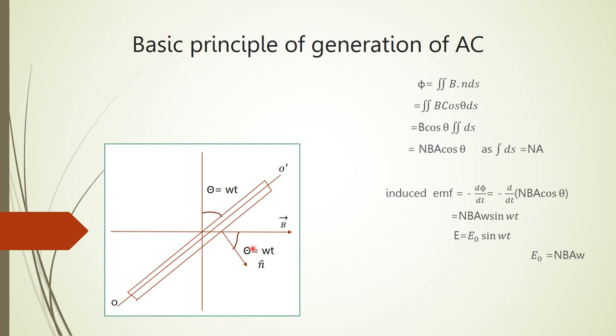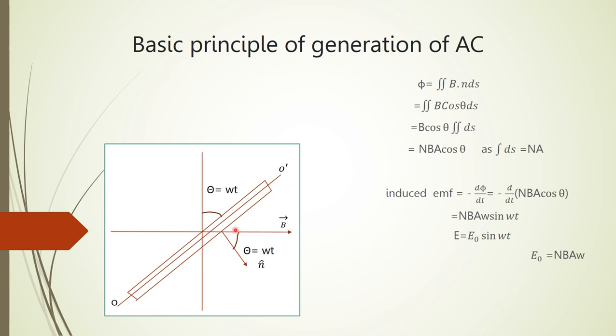Let at any instant theta be the angle between the normal to the plane, which is n, and the magnetic induction vector B. This angle theta may be written as omega t, where omega is the angular velocity of the rotation of the coil.